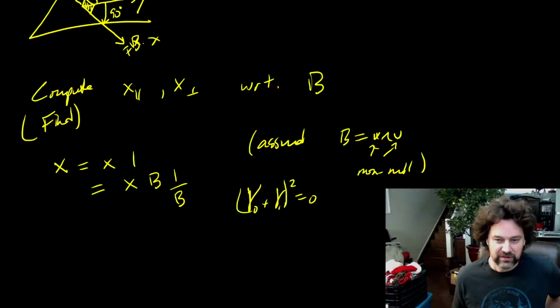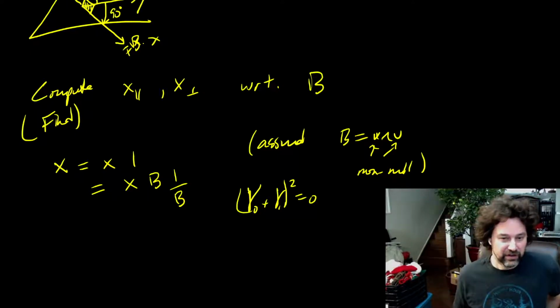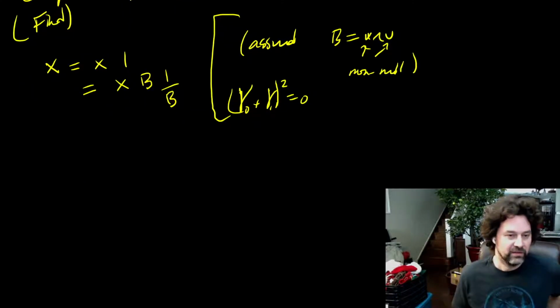So we're assuming that our factors of b are both orthogonal and non-null, which isn't really an issue if we're in R3 or in Rn. But so if we assume that b has an inverse, then we can write x as x times b inverse.